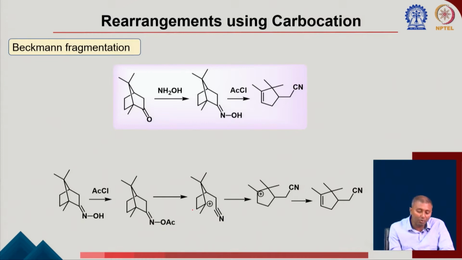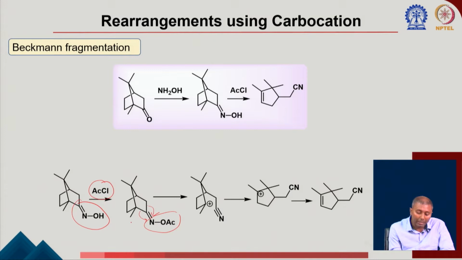Again, the first thing will be formation of the oxime. Once you have a carbonyl compound, the first thing is formation of the oxime. So here, instead of getting protonation, it is converted to the corresponding leaving group. Once it is converted to the leaving group, as you know, there is now a chance of breaking, because it can break either from this side or from this side.